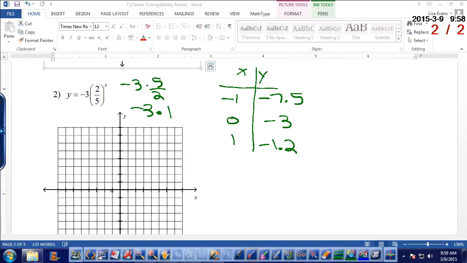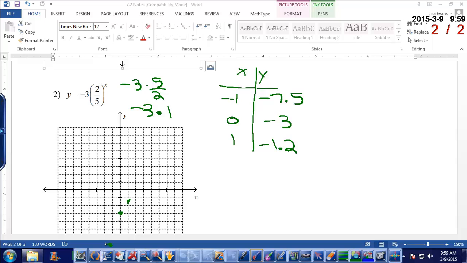All right, plot this, (-1, -7.5). Way down here, (0, -3), (1, -1.2). Okay, so look at this graph. It's still going to approach the x-axis.